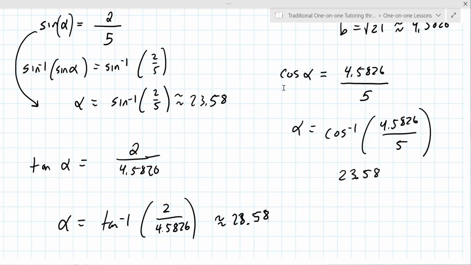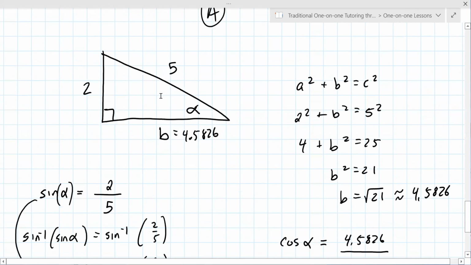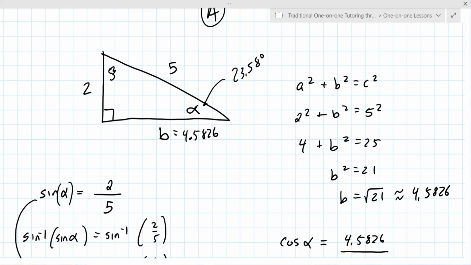Okay, so now if we go back to our drawing here, we just found that alpha is 23.58 degrees. To find beta, we could use sine, cosine, and tangent, but we can also say to ourselves, well, three angles in a triangle add up to 180. I already know that this is 90. So beta here is really 90 minus alpha.